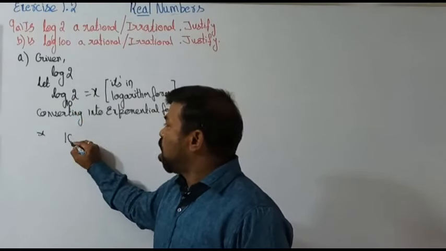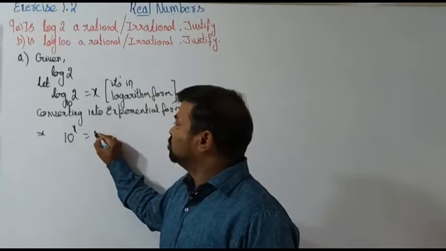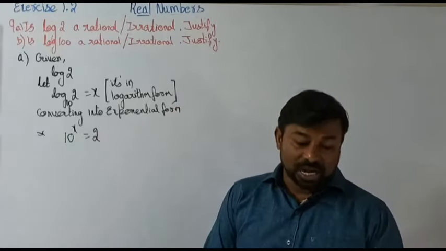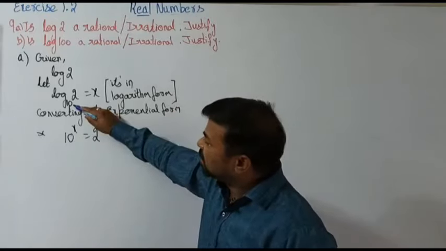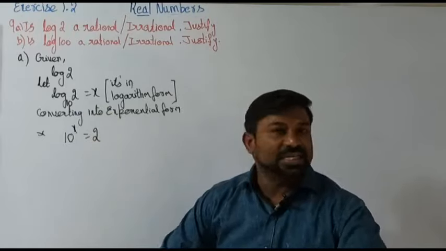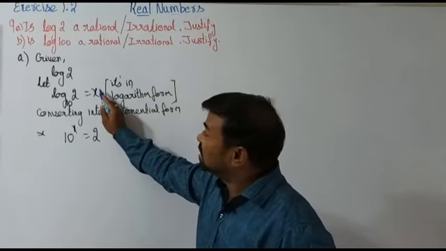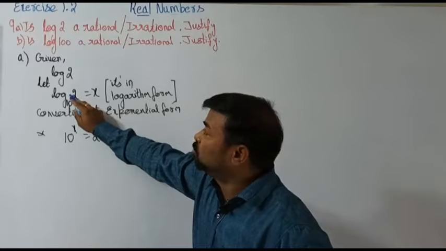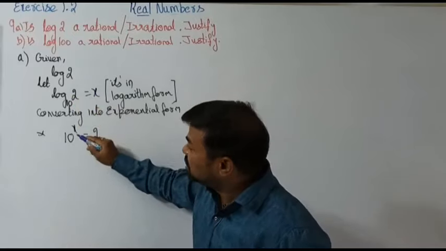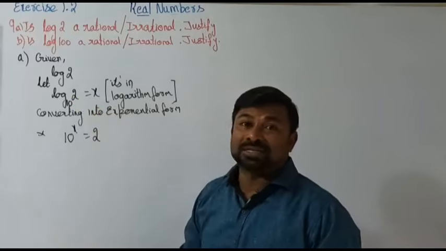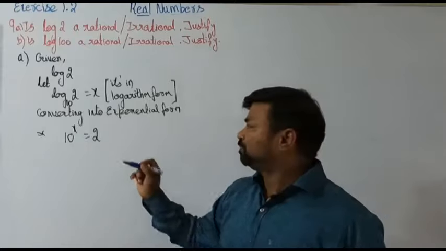It becomes 10 to the power x is equal to 2. If you have seen, I kept the same 10 here, the base stays in the base only. The x went in the place of 2 and the 2 came in the place of x, but here I made that x the power.